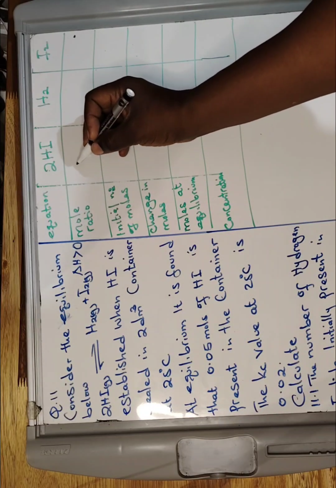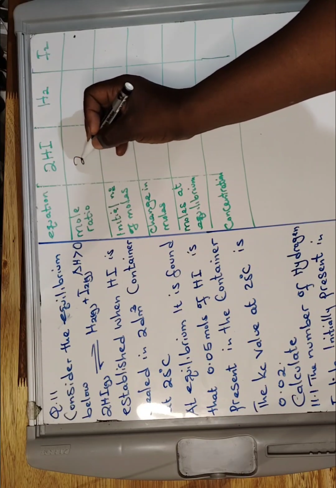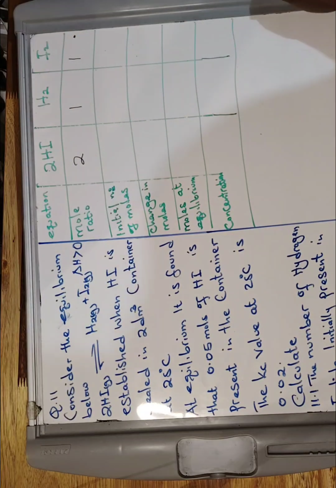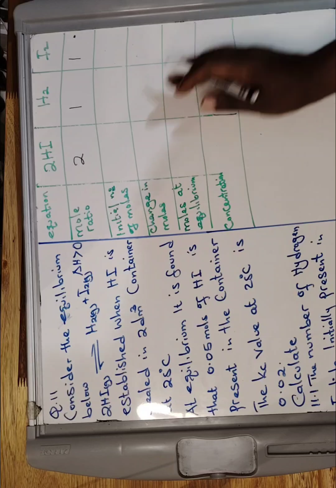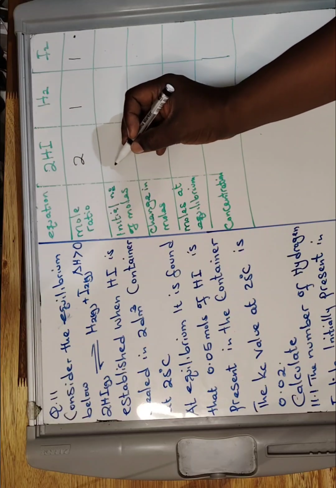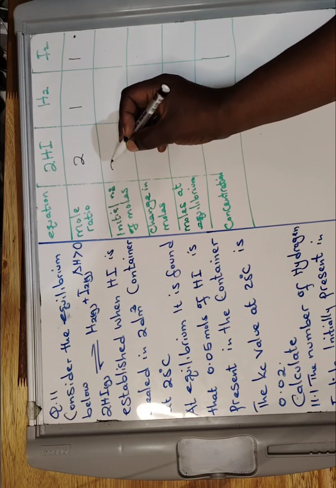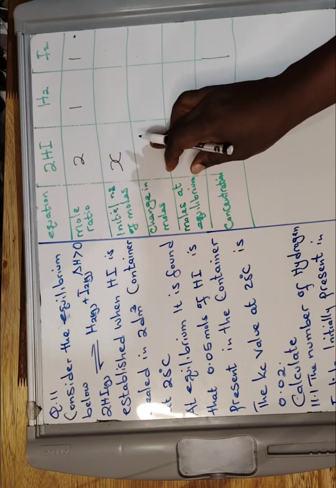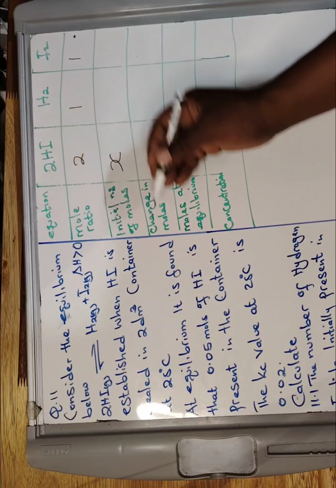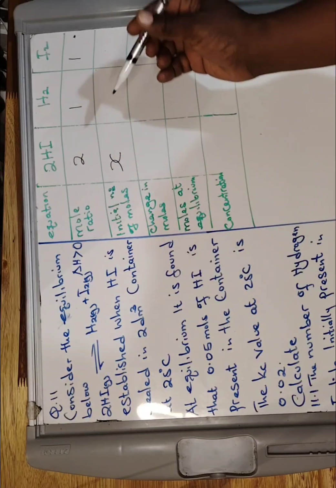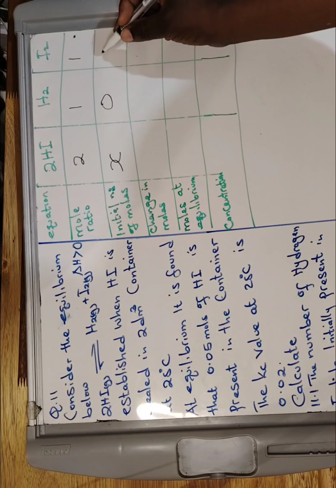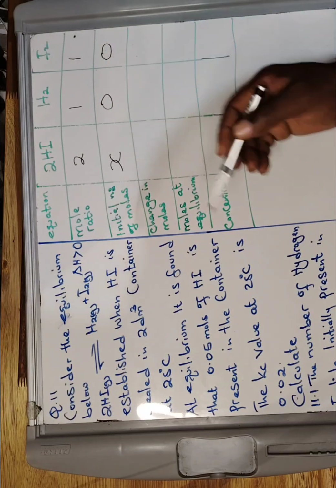The ratios are clear. It is 2, 1, 1. Then you go to the number of moles. We don't know the initial number of moles, so we are going to call that one X. And because it's just initial, because it was just sealed into the container, here we are having 0 and 0.